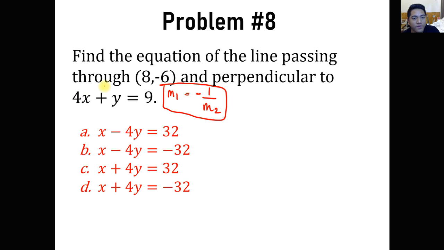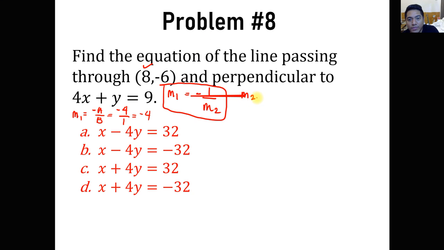So if we have two perpendicular lines, this is the relationship of their slopes. For 4x plus y equals 9, we need to get the slope of that. That's negative a over b, so negative 4 all over 1 equals -4. That's the first slope. Since what we are trying to find is perpendicular, we need to get the negative of the reciprocal of that.